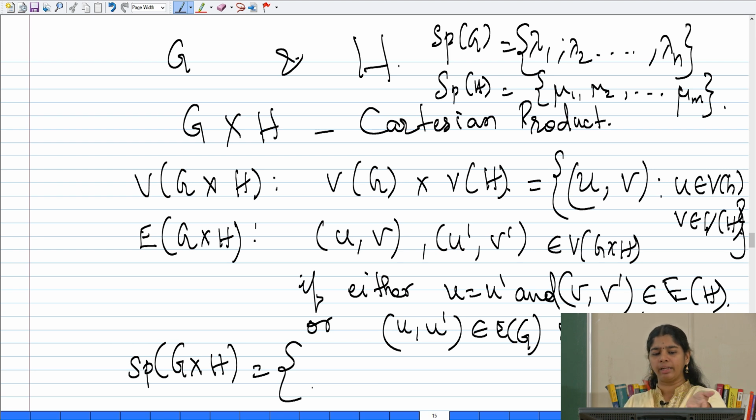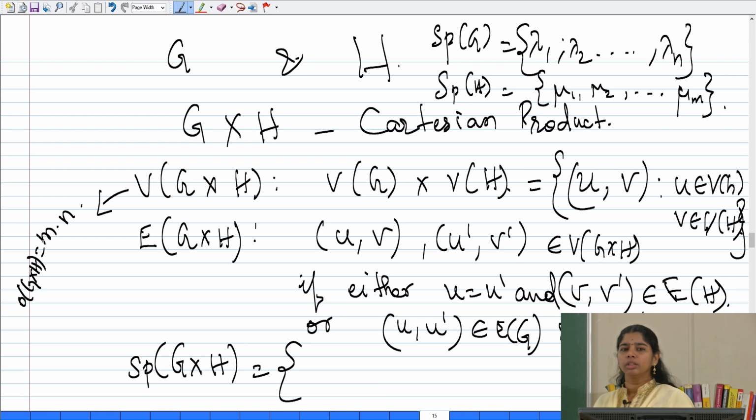If there are n elements in G and m elements in H, then G cross H has mn vertices. So, the number of elements is m into n, so we should have m into n spectral values, eigenvalues. What would that be?